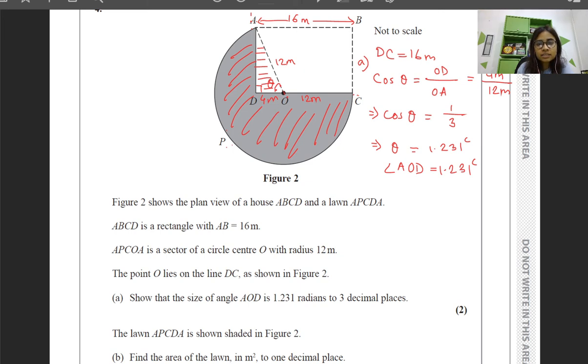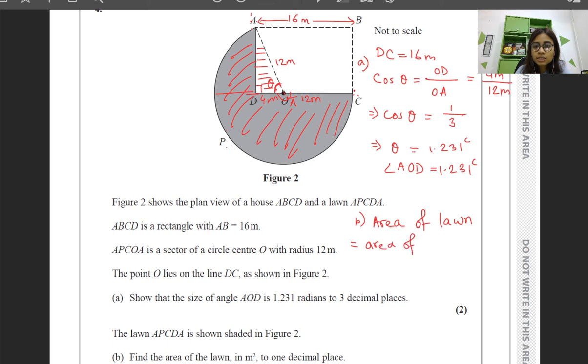Now understand the angle COA is basically, if you look into it, this part is theta, and if you draw a line over here, this part is pi. So the entire angle of the sector is pi plus theta. So first of all, to find area of lawn, we have to find two areas, and then we will minus the area of the sector minus the area of the triangle.